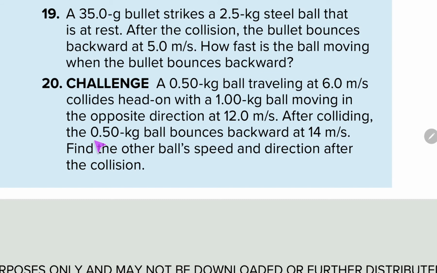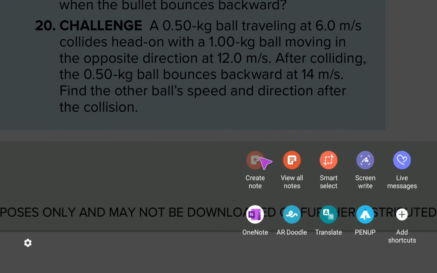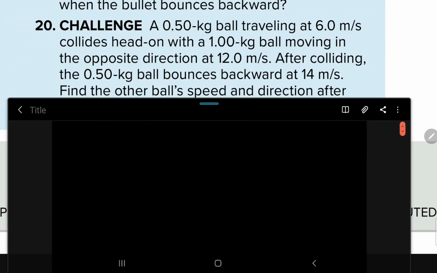After colliding, the 0.50 kilogram ball bounces backward at 40 meter per second. Find the other ball's speed and direction after the collision. In the beginning, we will write the knowns and the unknown for the question, and after that, we will solve the question.